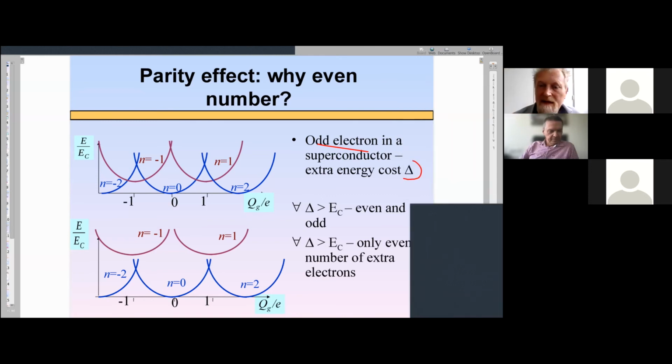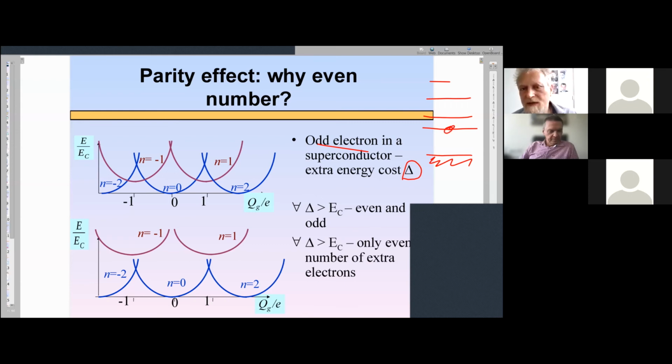If one puts an extra charge into a superconducting island, okay, let's sketch it. There are no states, there's a gap. One has to put it somewhere. One cannot put it into the condensate. One needs to create a quasi-particle, and the quasi-particle cost is always delta. One can add another quasi-particle, and in this case they can form a Cooper pair and go back.